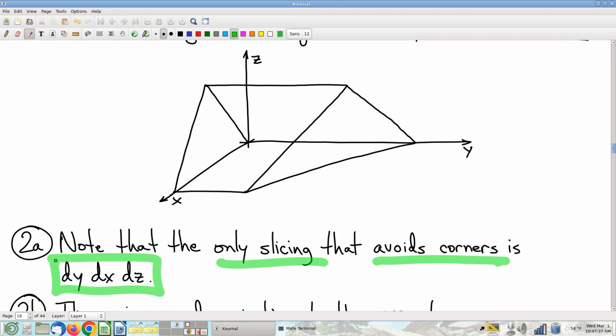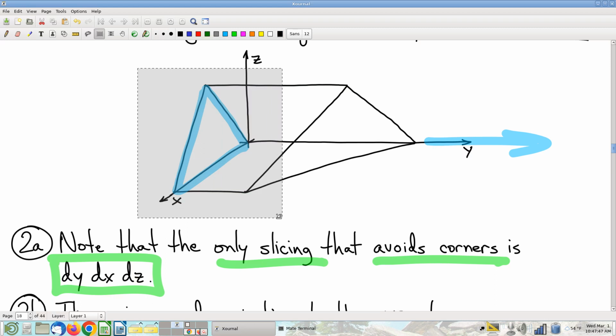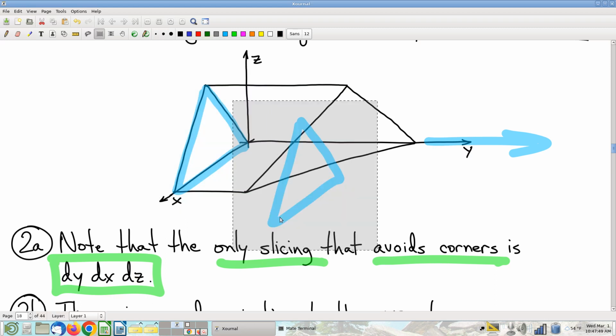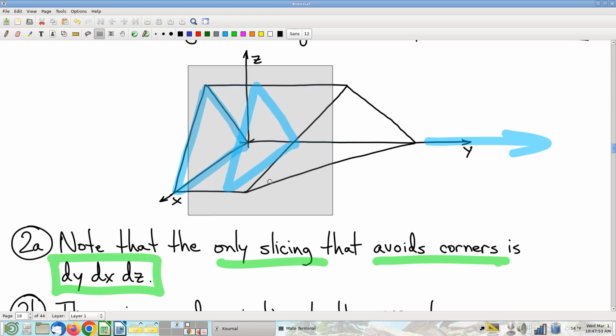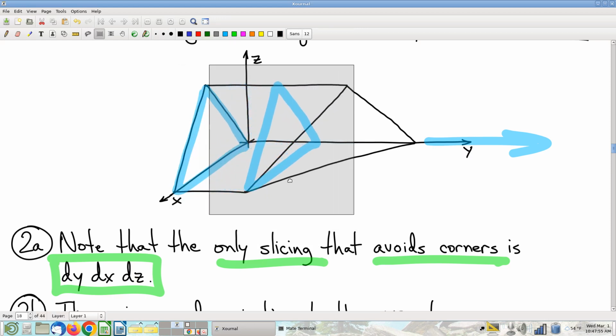For example, if I were to do my y slicing on the outside, right? These y slices, well, here, let me cheat. My y slices, as I slice through, I'm going to inadvertently slice through that corner right there.